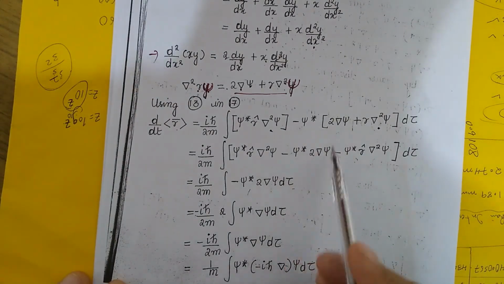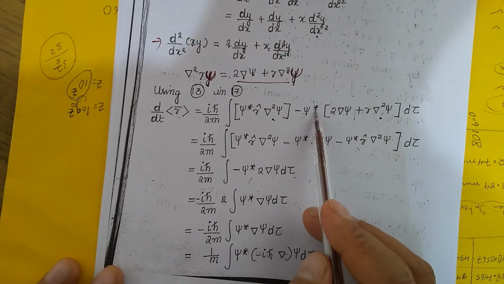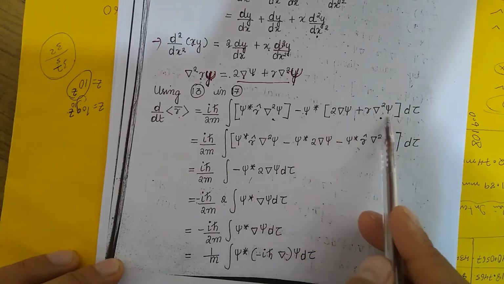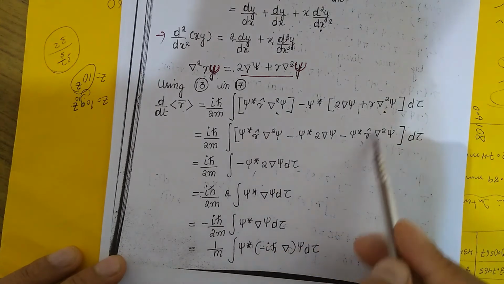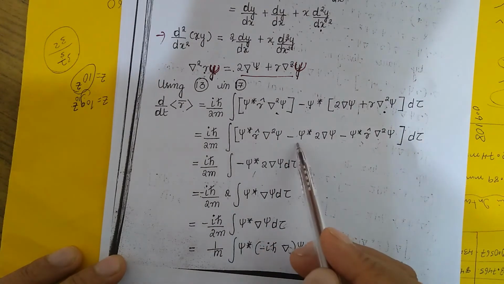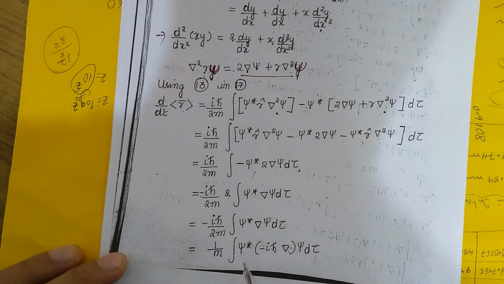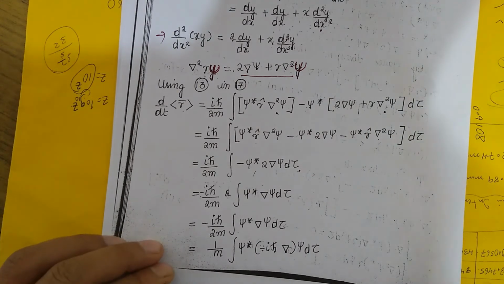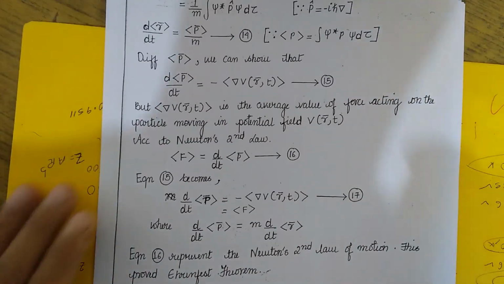After further simplification, if we multiply this psi star with these two terms, we get this one, and these two terms will get cancelled, and we are left with only this term. If we further simplify, we get this one, but minus iħ del is nothing but your momentum operator. So this can be replaced by the momentum operator.